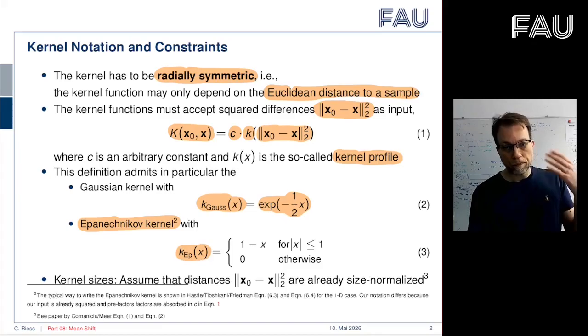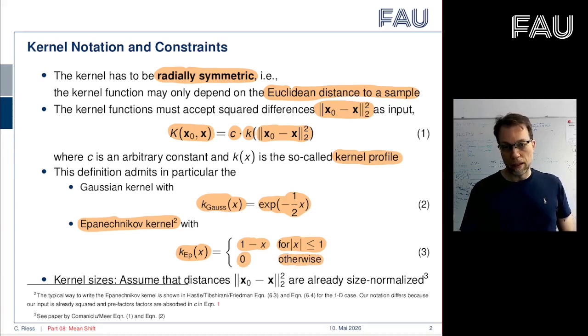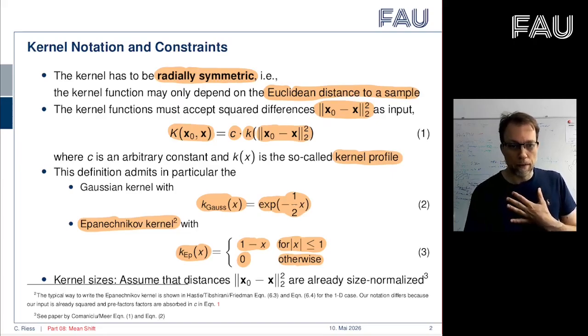For the Epanechnikov kernel, if we feed the profile to it, the kernel function, super simple, is just 1 minus x, as long as x is, or the magnitude of x is between 0 and 1, and 0 otherwise. So you may already wonder, okay, a Gaussian with standard deviation 1, an Epanechnikov kernel where this has to be between 0 and 1.